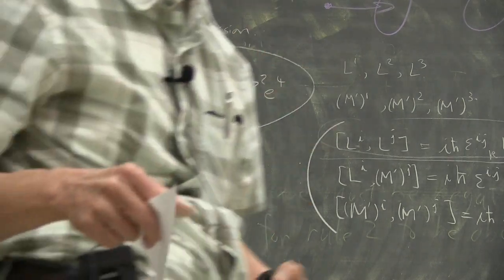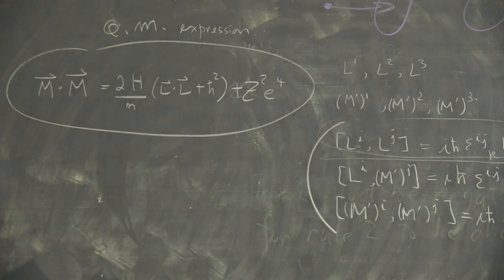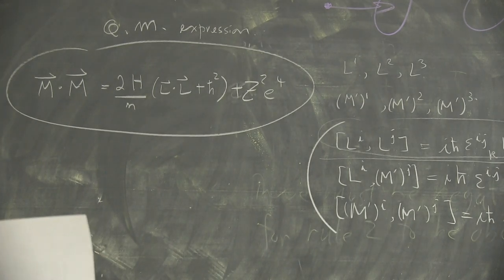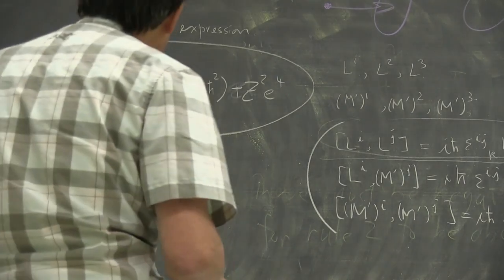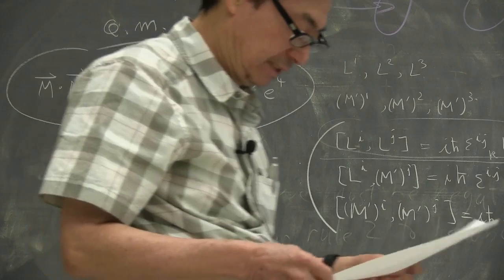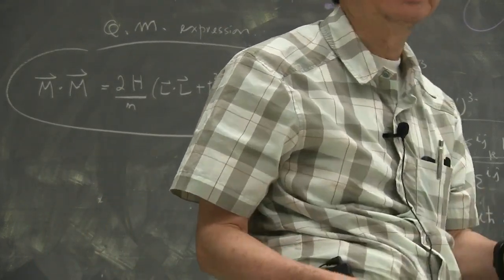It's a tedious exercise in commutation algebra, one which is very useful in terms of doing quantum mechanical calculations. I guess at the time when I wrote this book, I didn't think it was important enough to be included here because the purpose of this is not to do quantum mechanics.